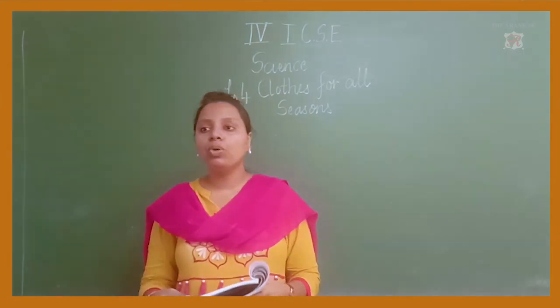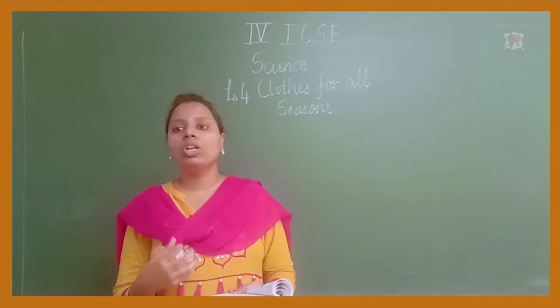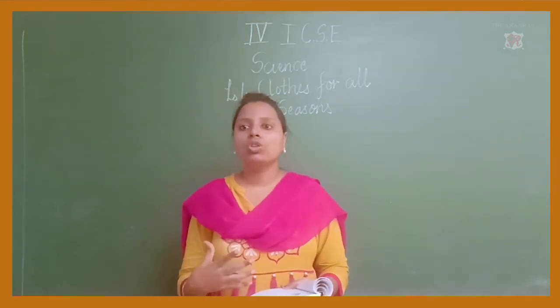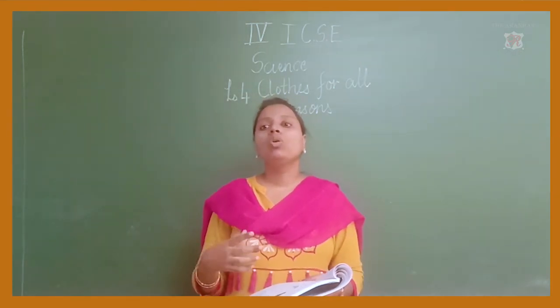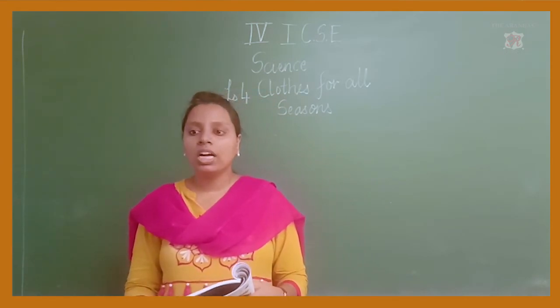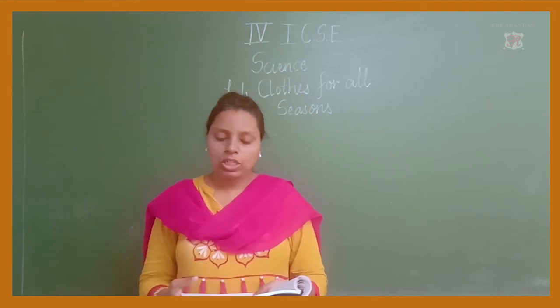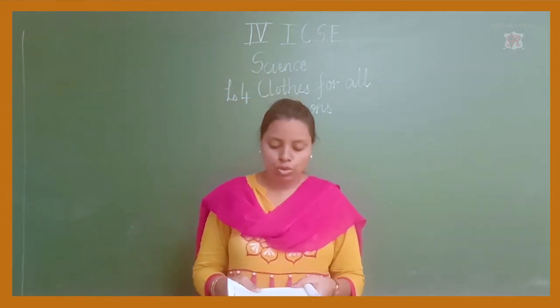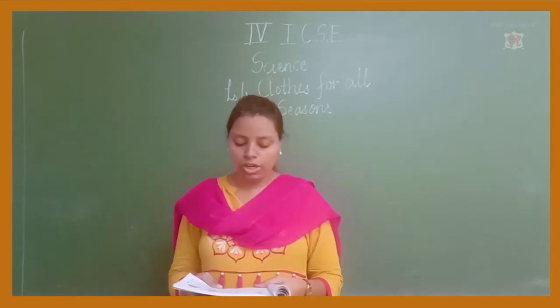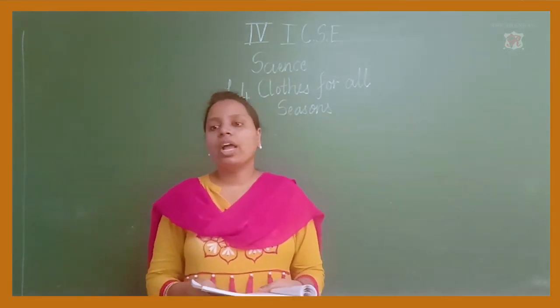For example, for woolen clothes, you use Easy liquid so that your woolen clothes do not get loose and they look colorful. They do not lose their color and look good to wear. So Easy liquid is used to wash woolen clothes. Silk. Now what do you mean by dry clean?